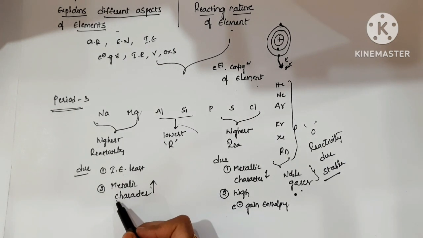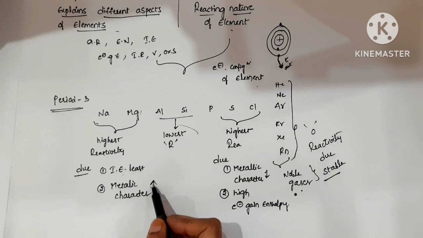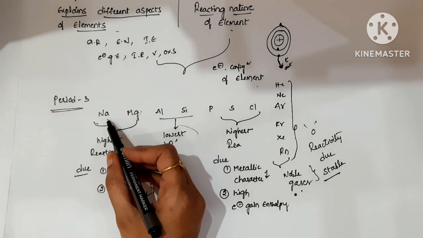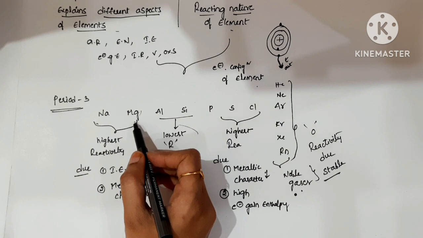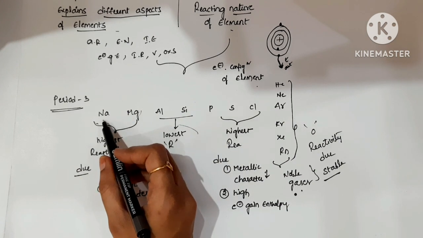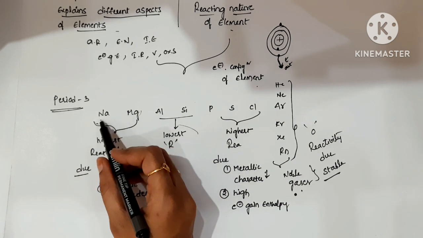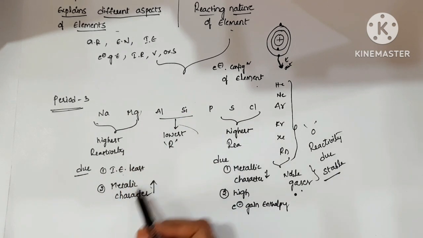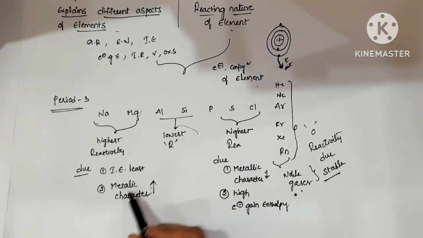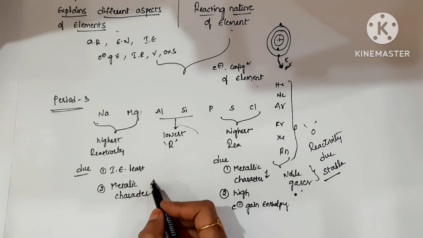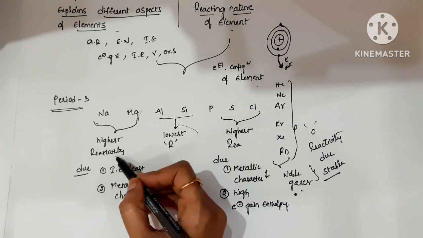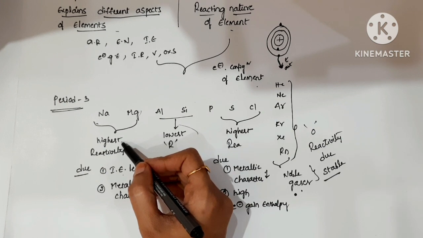Coming to the second point, metallic character increases. These are the alkali metals and the alkaline earth metals. Group 1 and group 2 elements are purely metals, so metallic character increases and that's why reactivity is also highest here.